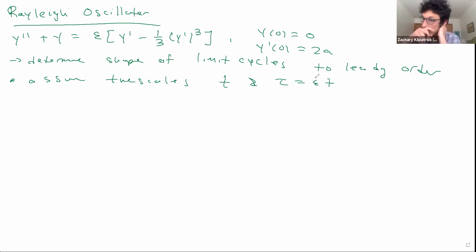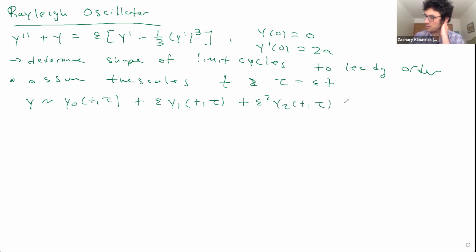And if you can't eliminate secular terms, for instance, you may need to take a different scaling in the long time scale limit. So if we take a standard scaling for our time scale, we might expect a standard power expansion for our solution.